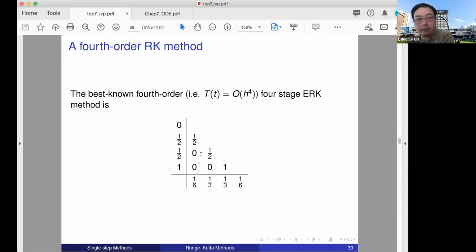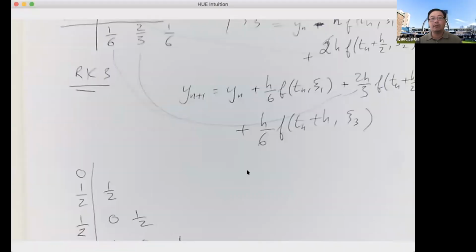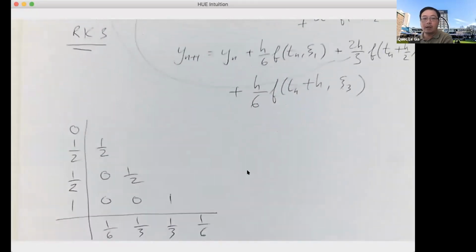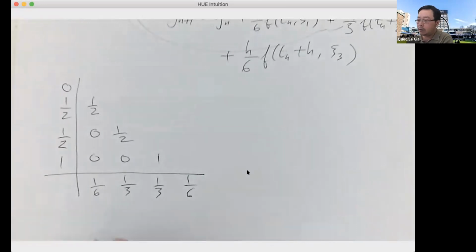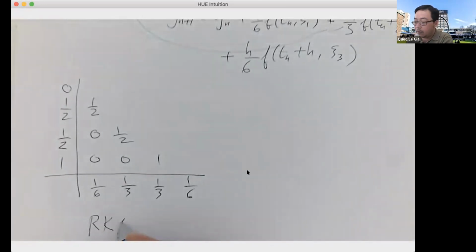One half, one over 6, 1 over 3, 1 over 3, 1 over 6. Okay, so let me write down the equation. So now this is my RK4 table.